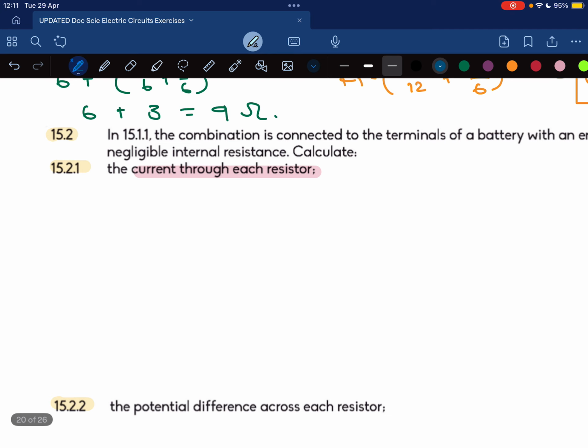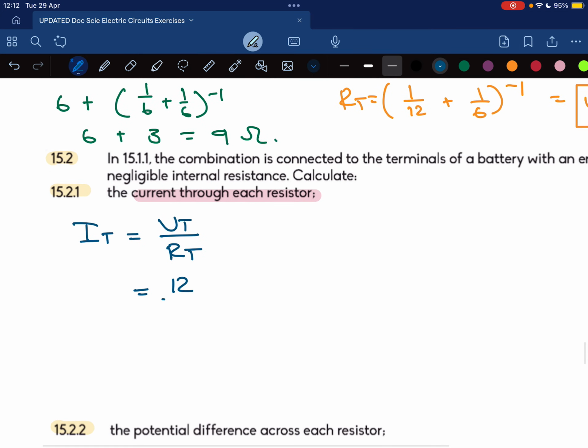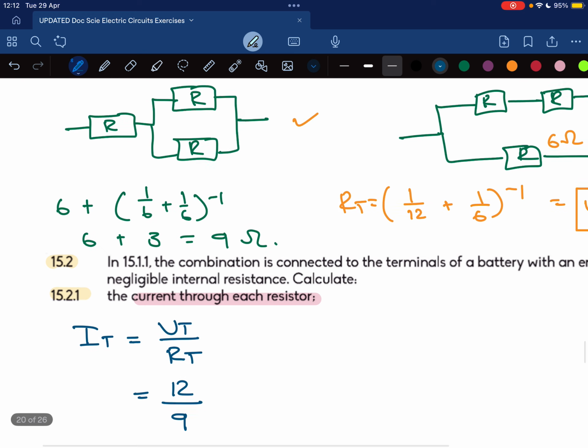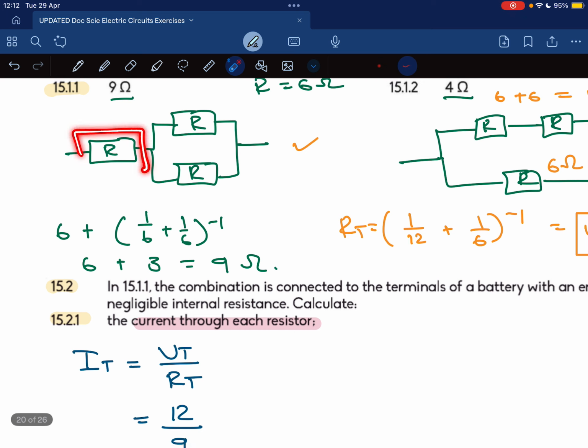So that means that we can calculate the total current through the circuit, which is going to be equal to V total over R total. The V total is going to be 12, and the R total is 9. The reason why I didn't use 6 here instead of 9 is because it's impossible for 12 volts to go through this resistor only, because then there would be no more voltage left.